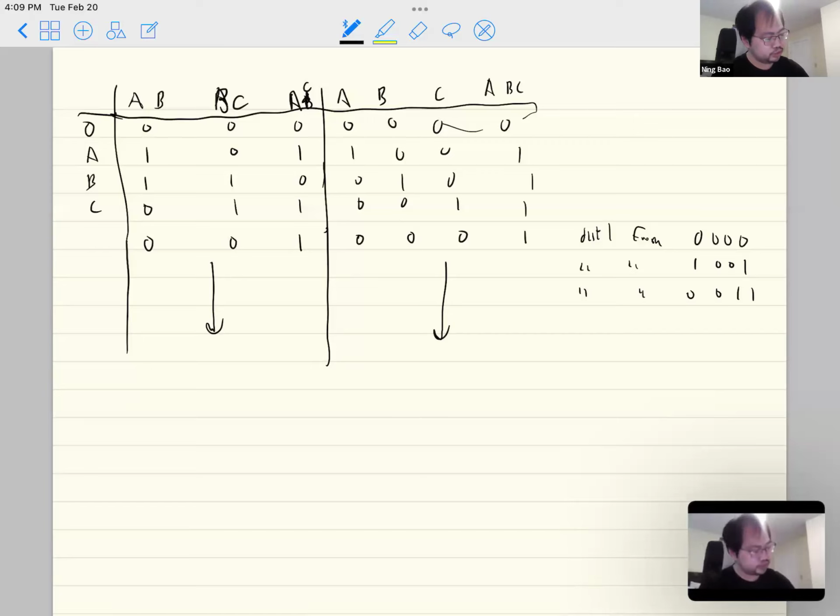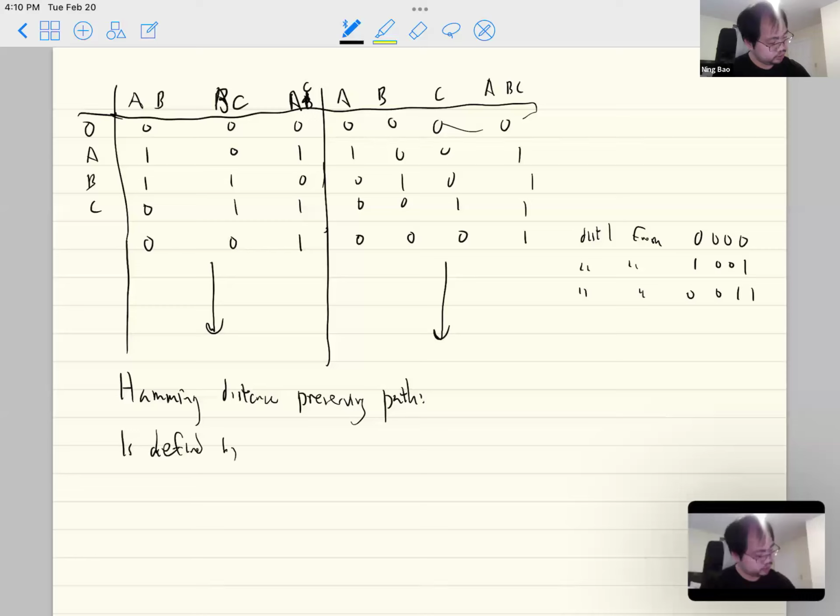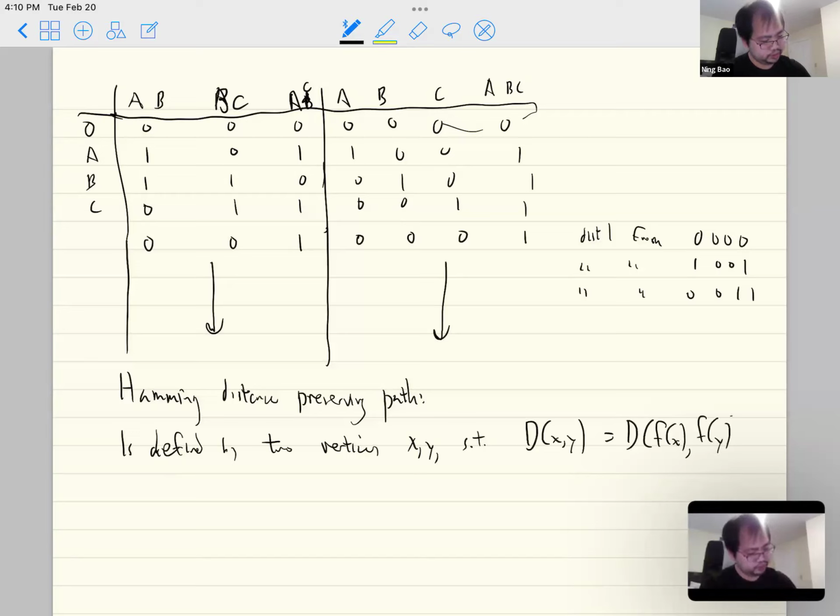What we actually did is we intuitively defined something called a Hamming distance preserving path. A Hamming distance preserving path is defined by two vertices x and y such that the Hamming distance between x and y is equal to the Hamming distance between f of x and f of y.